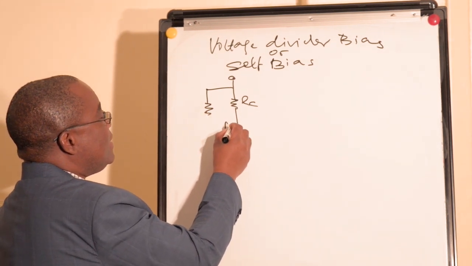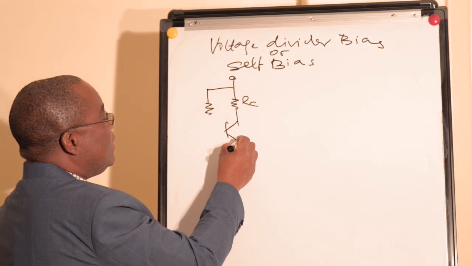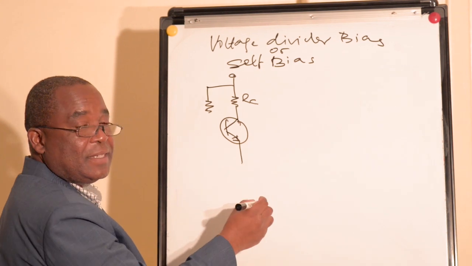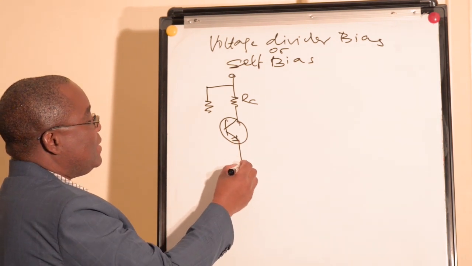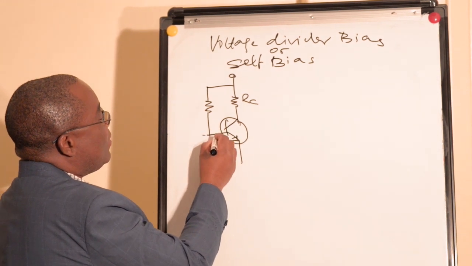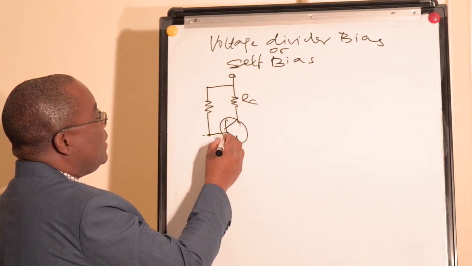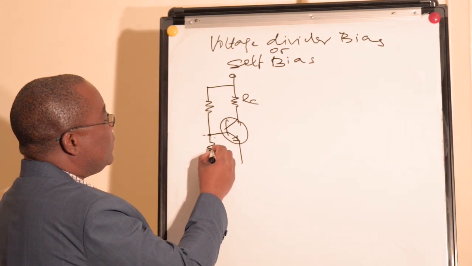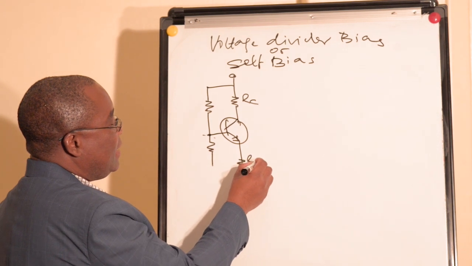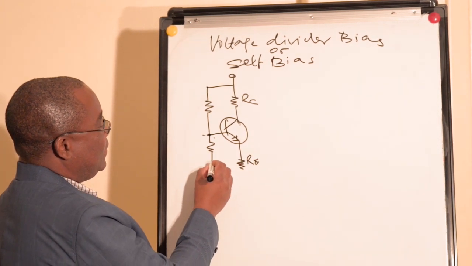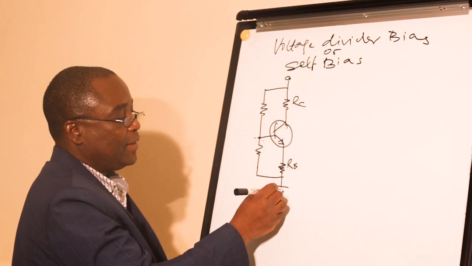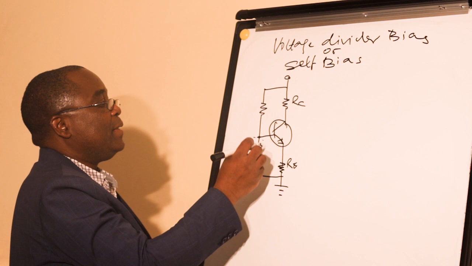This is our NPN transistor here; the arrow pointing outward is an NPN transistor. Then we have our divider here. This is RE, our emitter resistor. And our circuit is grounded here.